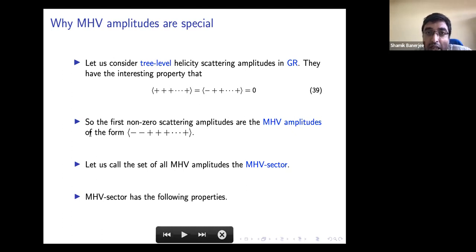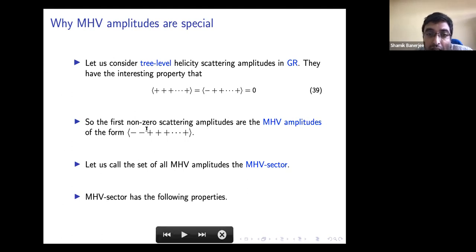So the first non-vanishing scattering amplitudes have this form: all plus, or you can take all minus. Those are the MHV bars.